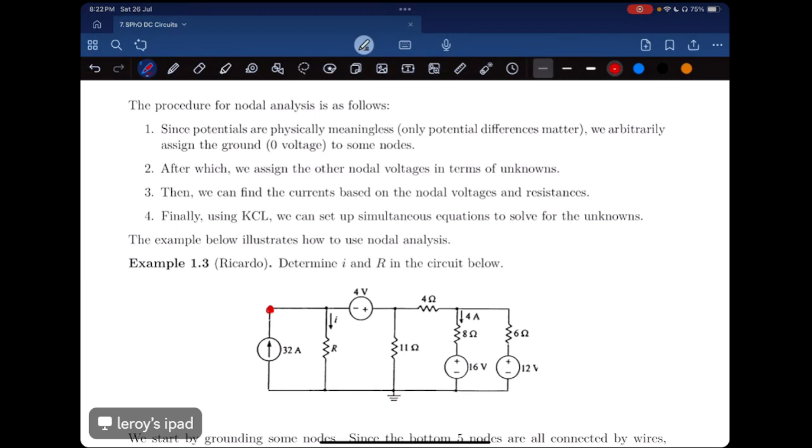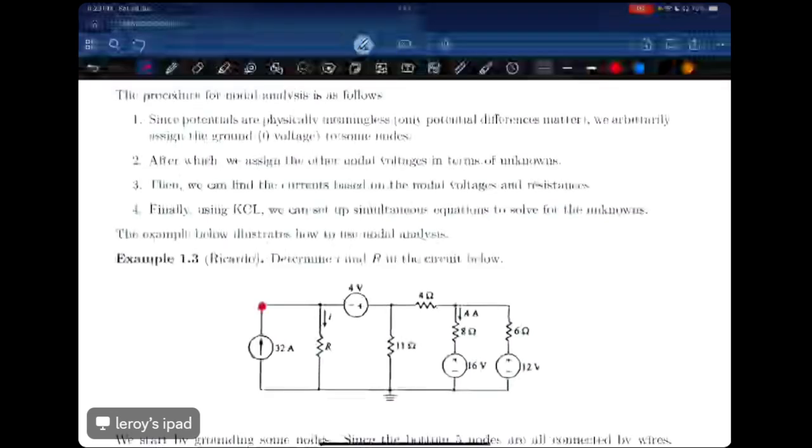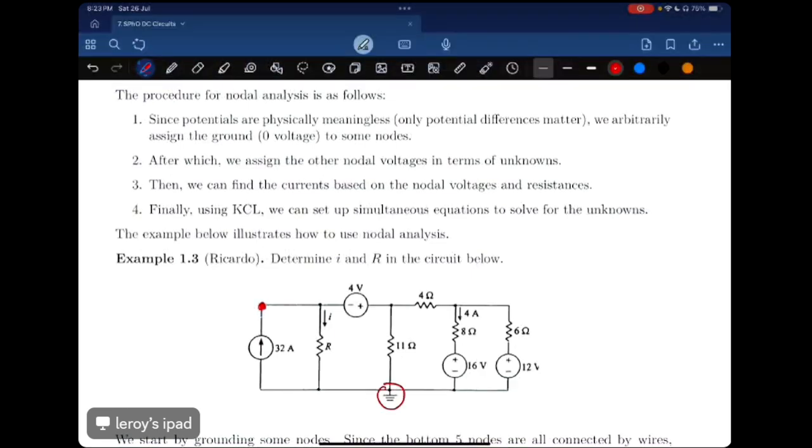Only potential differences have meaning. So what we can do is ground some nodes, making them zero potential, and that will make the math much easier.